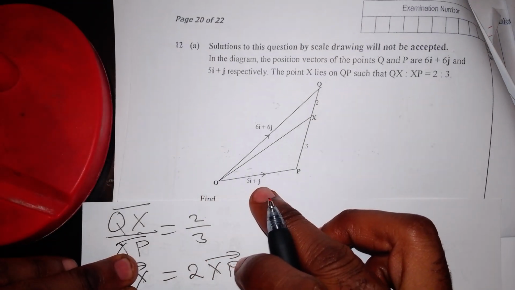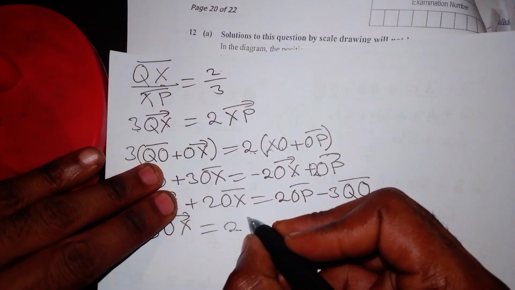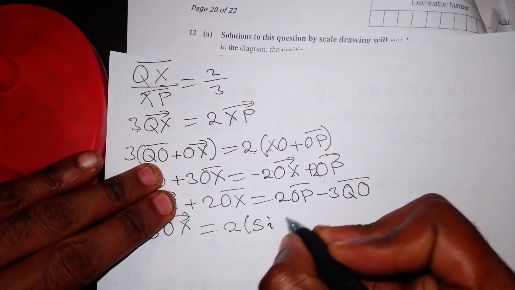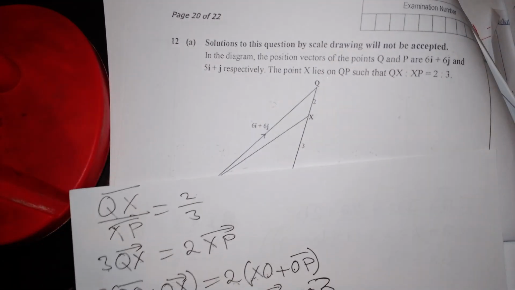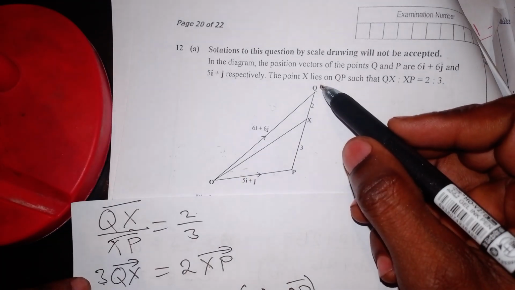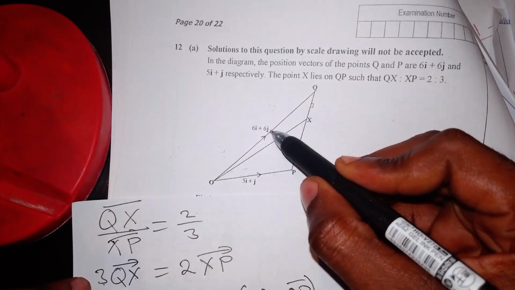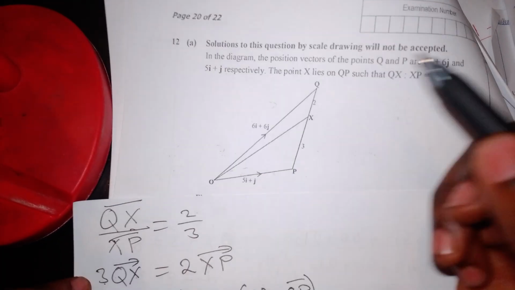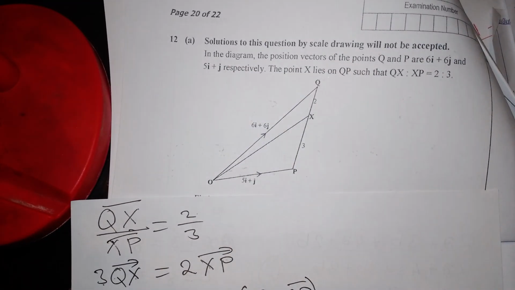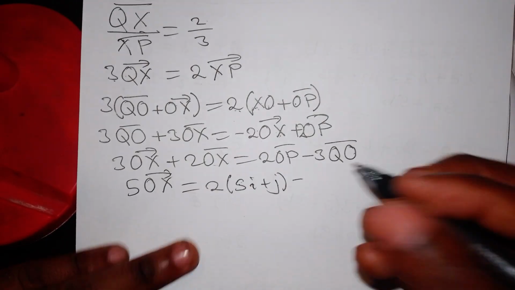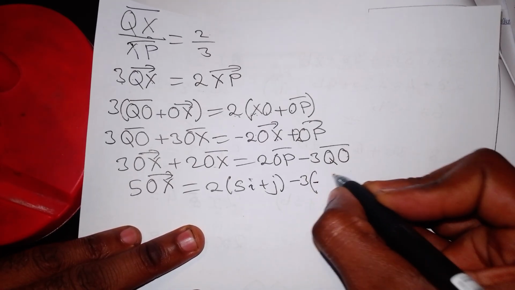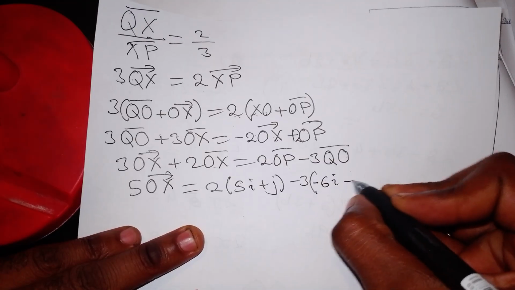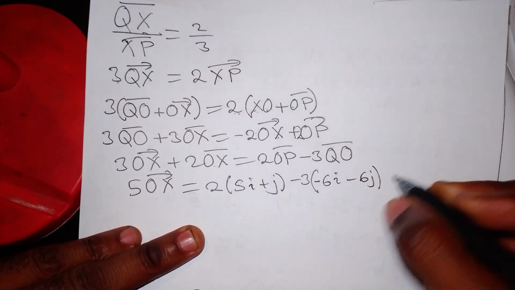OP is 5i plus j, so you can just put your 5i plus j here, minus 3 times QO. OQ is positive 6i plus 6j, and then your QO should be the negative version of this. So you have negative 6i, negative 6j.